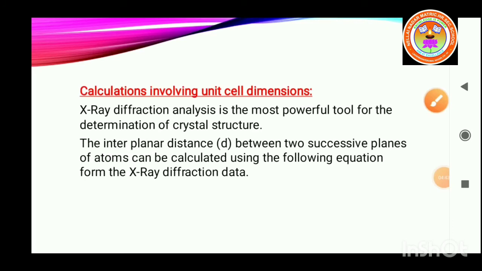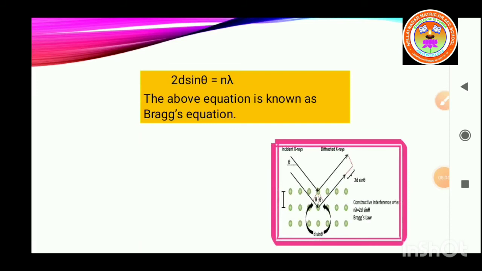See here, the interplanar distance, that is called d, between two successive planes of atoms can be calculated using the following equation from the X-ray diffraction data. See here, what is that equation? 2d sin theta is equal to n lambda.